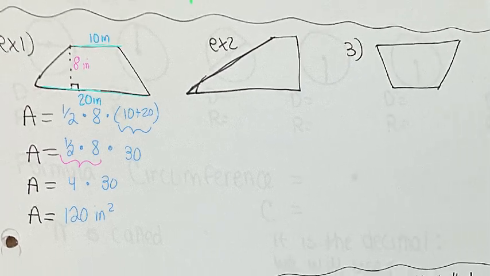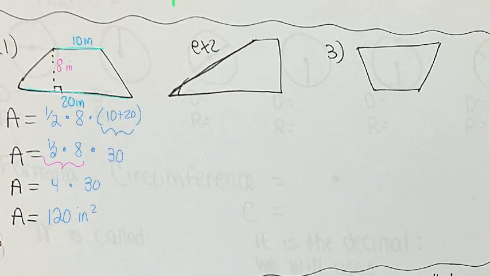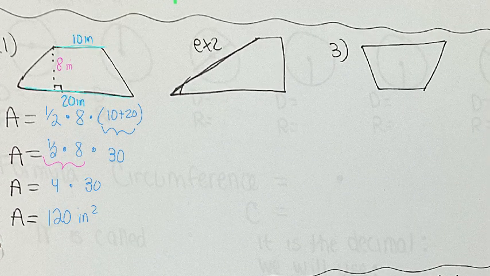Okay, let's do the next one. The next one is going to have a height of 11 inches. The base up here, that looks really tiny. Let's make the base be 2 inches. And the other base down here is going to be 24 inches. Okay, how many lines do we need?